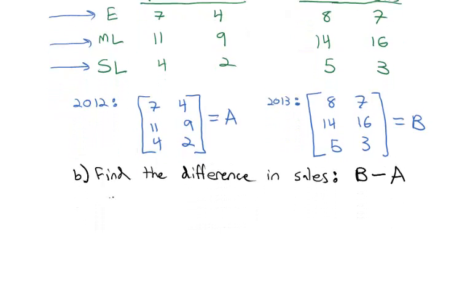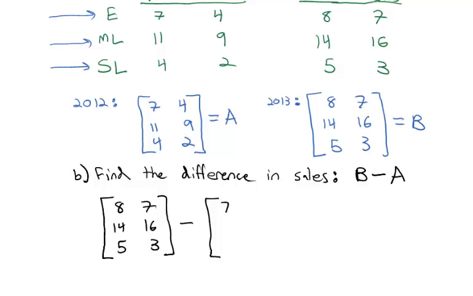So matrix B would be that 8, 7, 14, 16, 5, 3. And we're going to subtract matrix A, the 7, 4, 11, 9, 4, 2. And now it wouldn't make sense to subtract Ephrata's iPads from Soap Lake's Nexus.